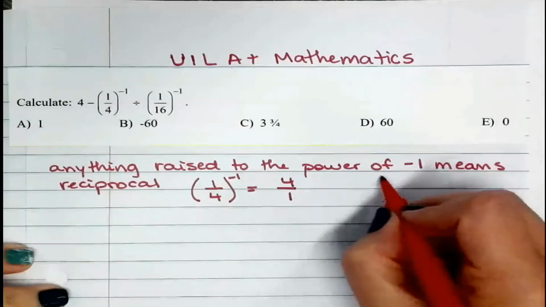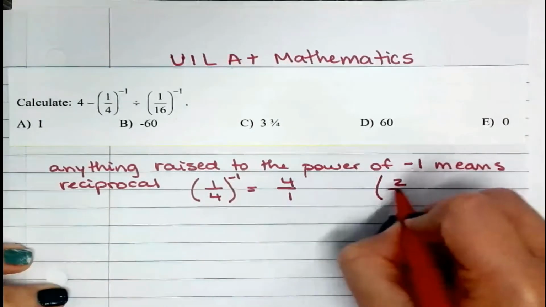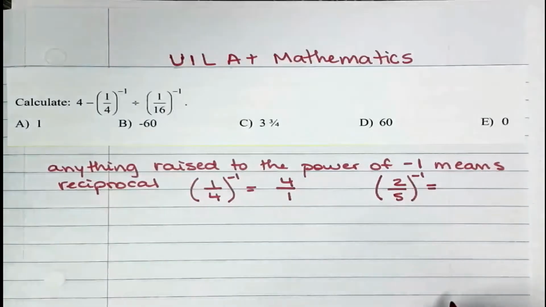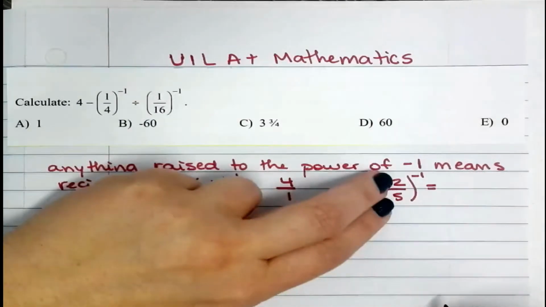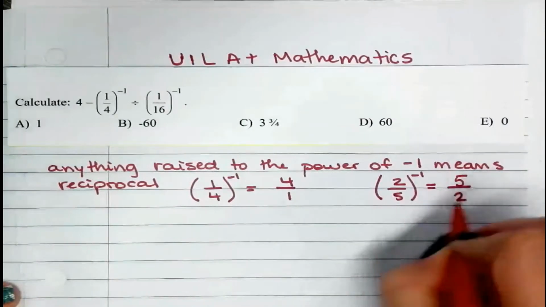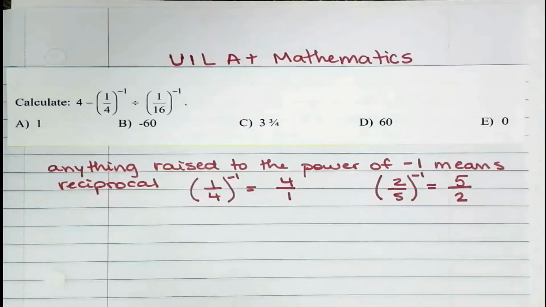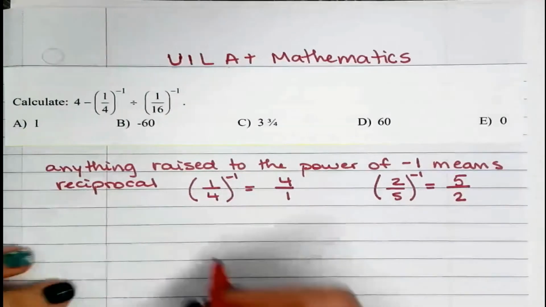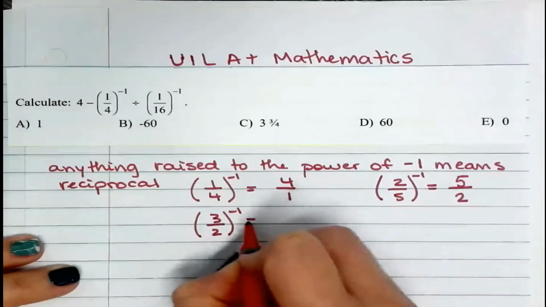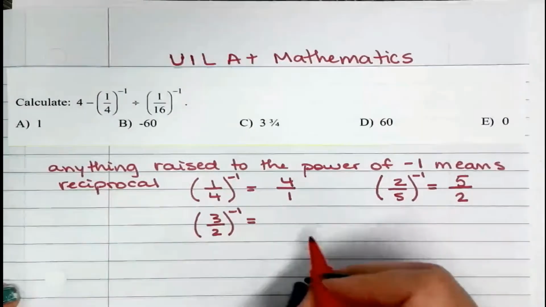Okay, let's try another one. Let's say that you have 2/5 raised to the power of -1. You take the fraction and turn it upside down. So that is 5/2. You literally just turn it upside down. How about 3/2 raised to the power of -1?